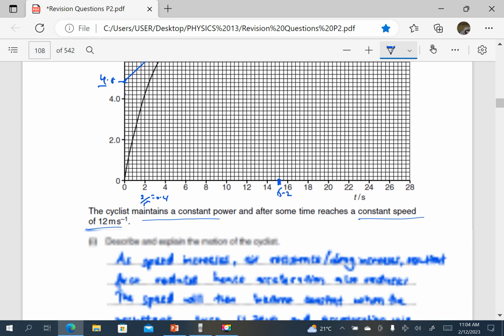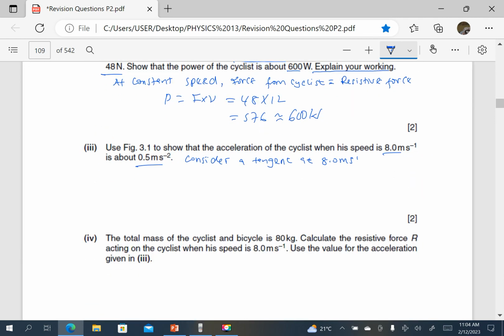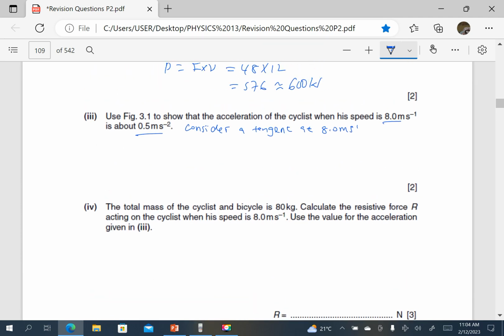So I'm finding the gradient, because the gradient is the acceleration from a velocity-time graph. The acceleration is equal to the gradient, which is 12.0 minus 4.8, divided by, on the x-axis, 15.2 minus 0.